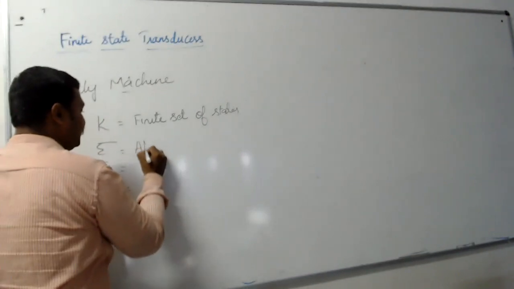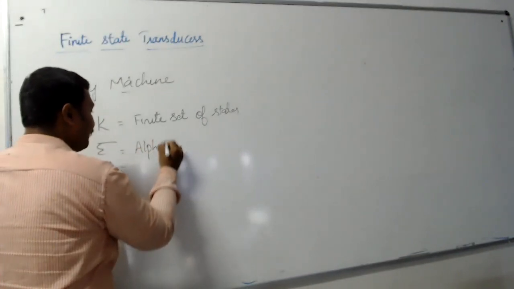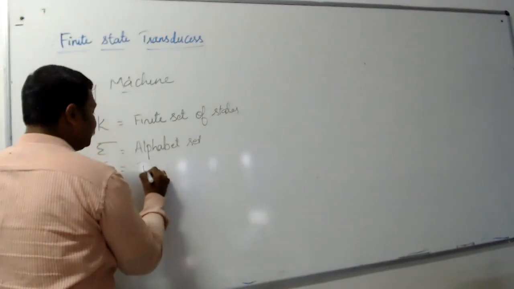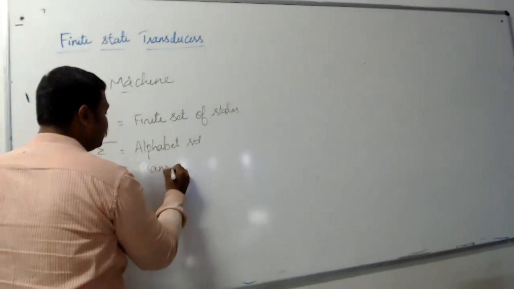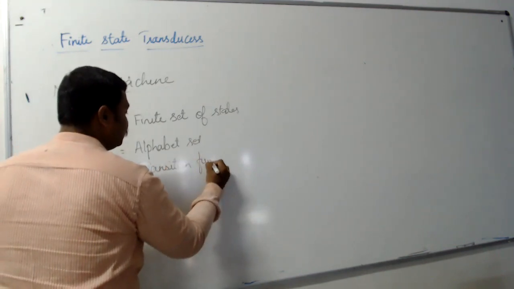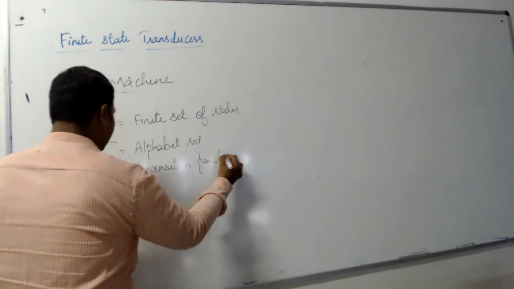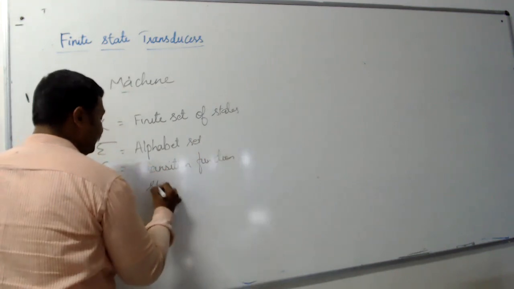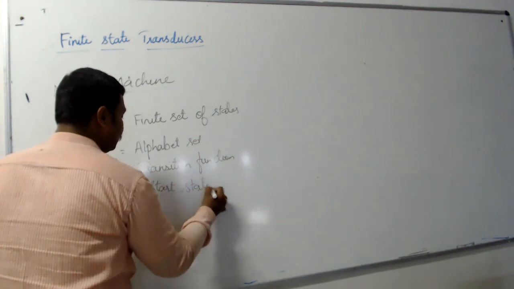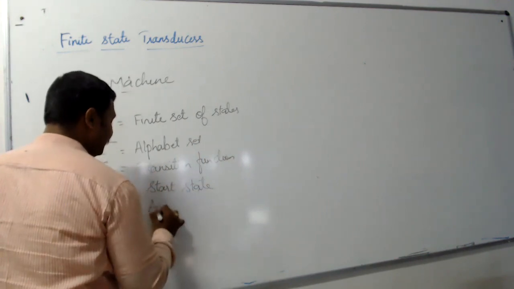This is alphabet set. This is transition function. Start state.